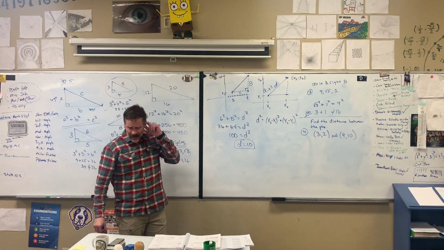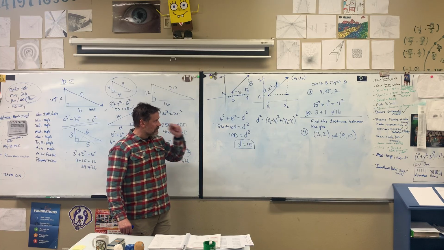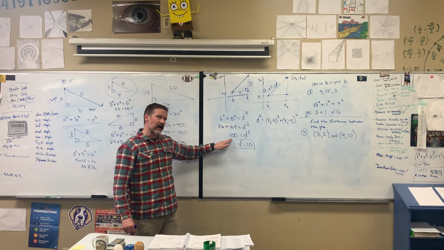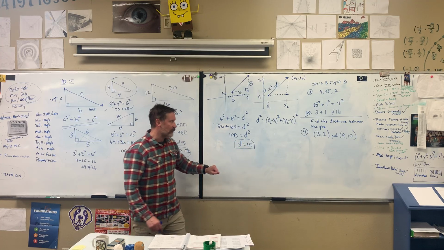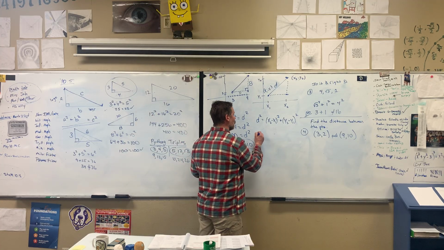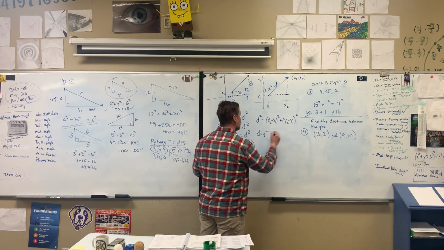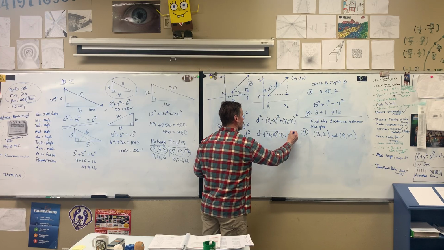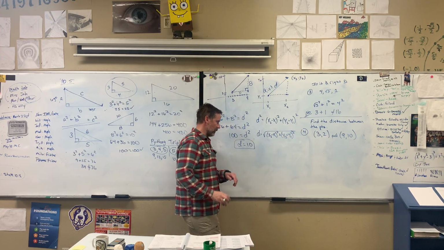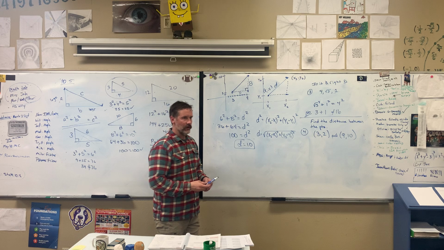And in the end, what did I have to do to both sides to find d at the very end? I took the square root of both sides. So your distance formula, you're actually going to see as this. They will take the square root of both sides like that, and they put that as a distance formula.